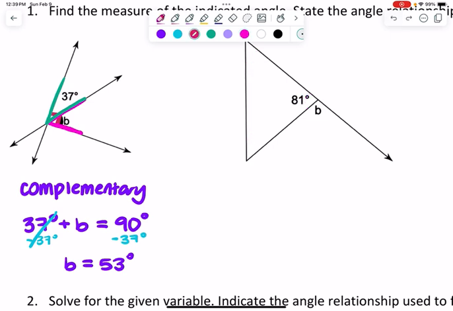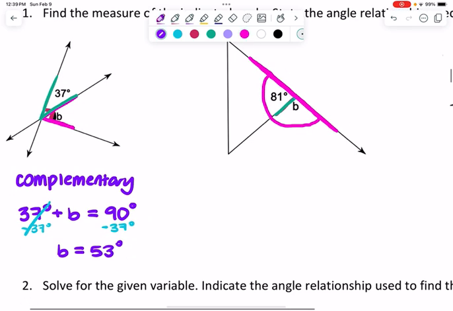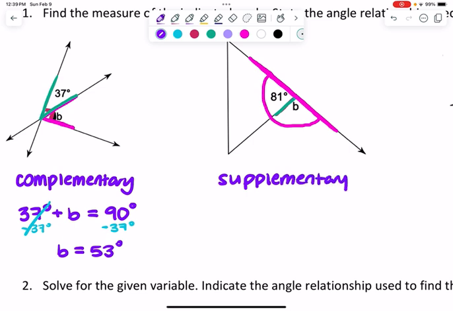But when I'm taking a look, I've got 81, and I've got B. And together, I notice they make one straight line, right? That 81 and the B together make a straight line. And that means that they are supplementary. Those two angles add to give me 180 degrees.